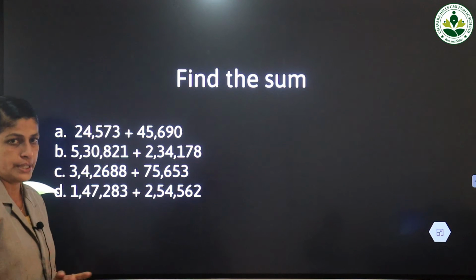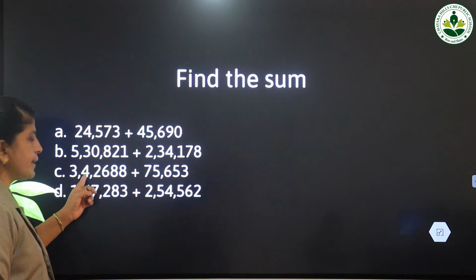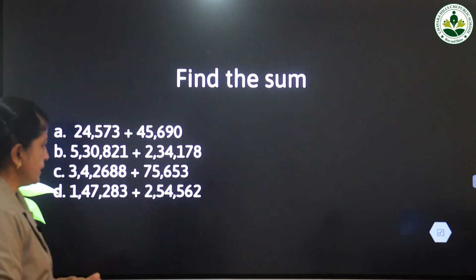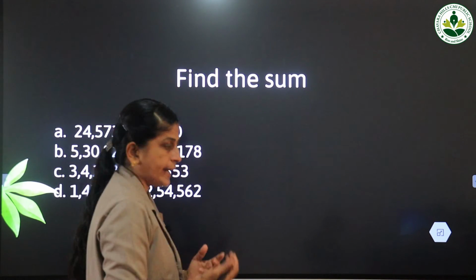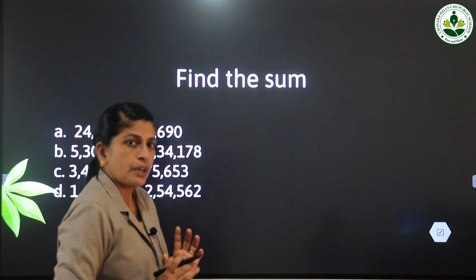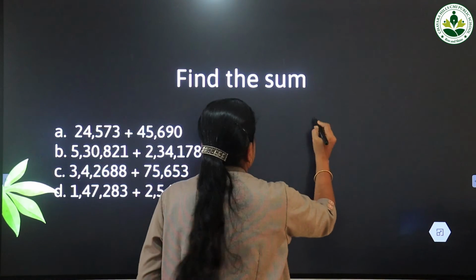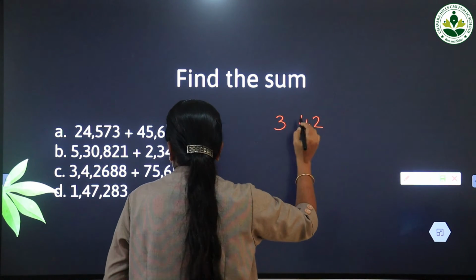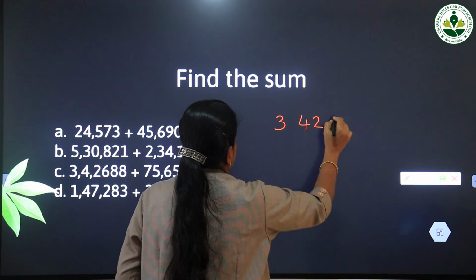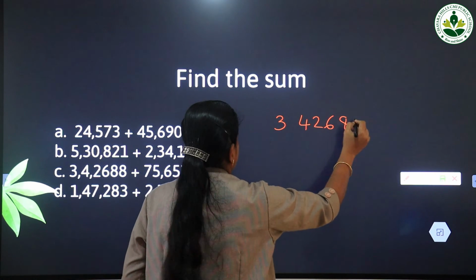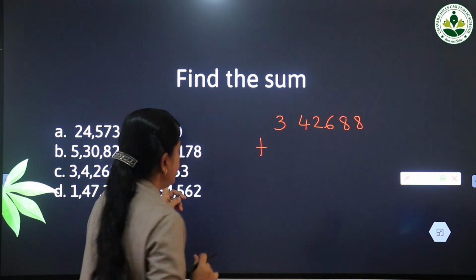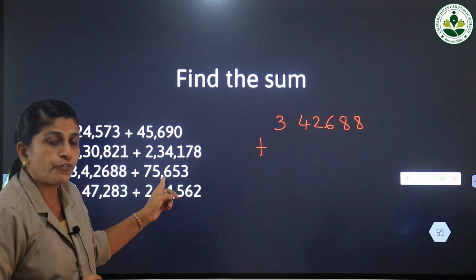Okay. Then third question. In the third question, the first number contains 6 digits and the second number contains 5 digits. Therefore, how do we write that number? First write the first number, 3,42,688 plus. Then in the second number there are only 5 digits.